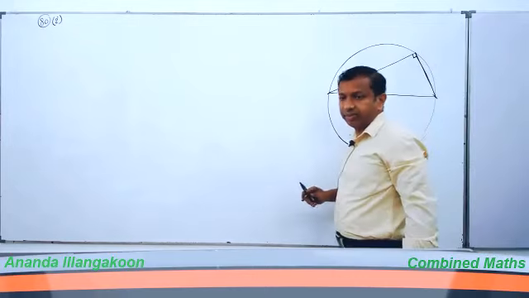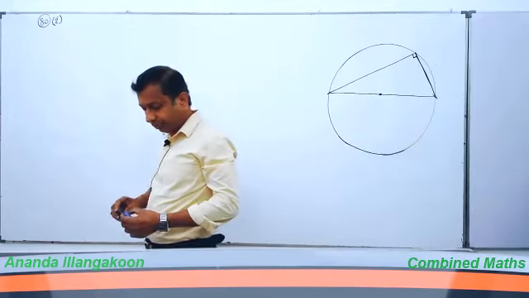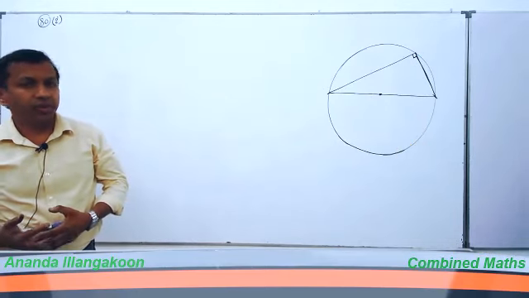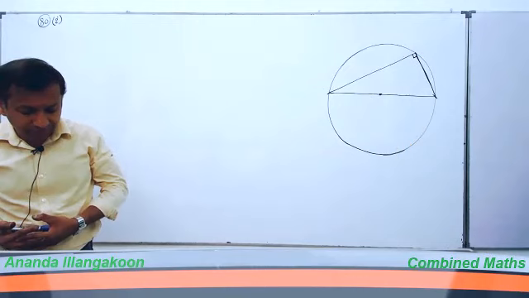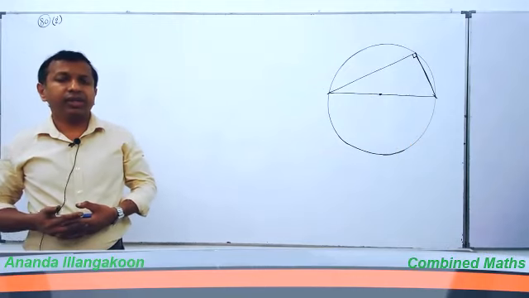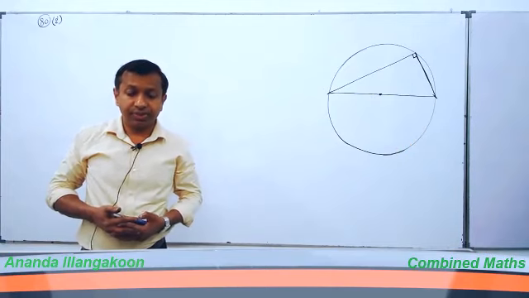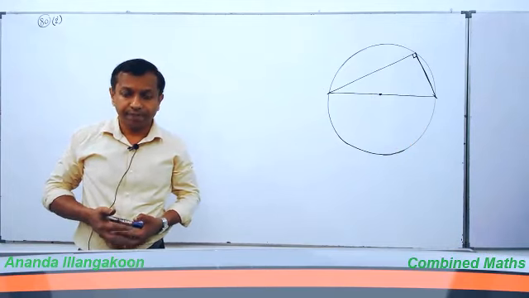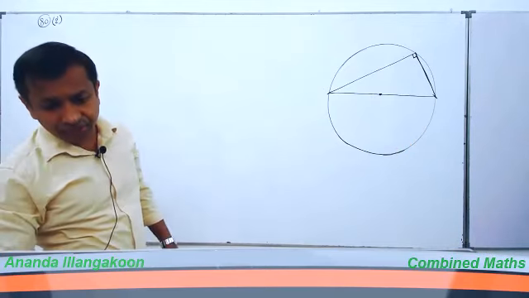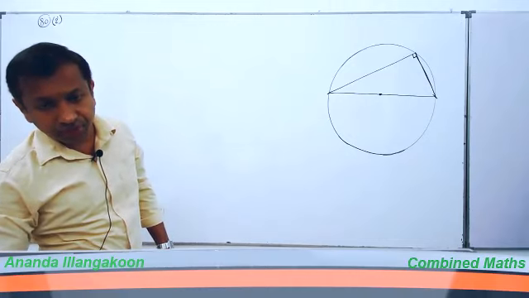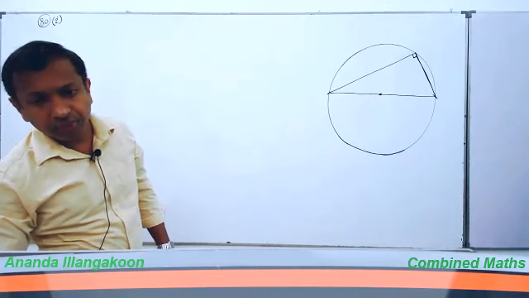This angle is 90. This theorem is sometimes given as: the angle in a semicircle is 90 degrees. That way also this theorem is usually given, right?